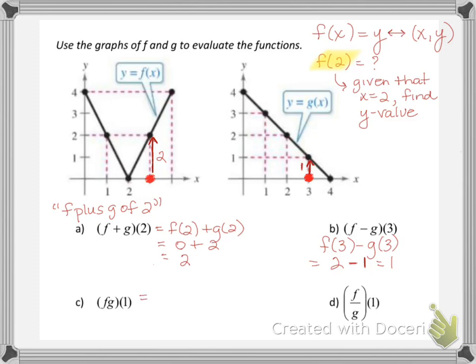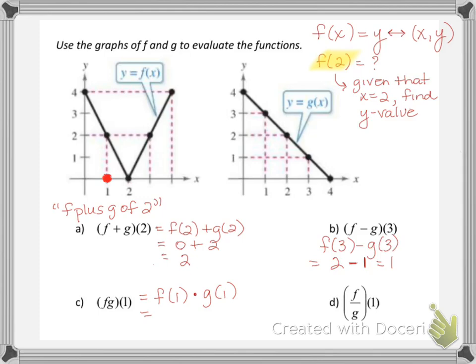Now, f times g of 1 says to find f of 1 and multiply it by g of 1. All right, let's erase the one from last time. Let's go to the 1 on the x-axis on the f function.